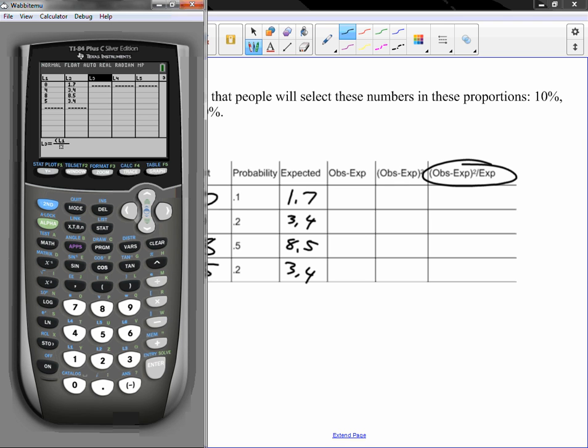So I want to do L1 minus, and I'm going to use second 2, and that gives me L2. Close parentheses. I want that value squared divided by my expected value, and that is in L2. So second 2 will give me L2 again. And I'm going to hit enter.